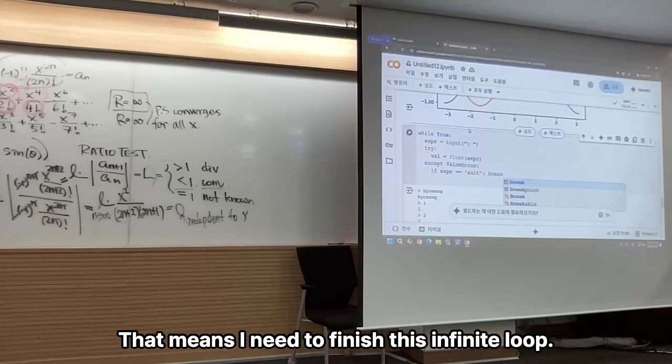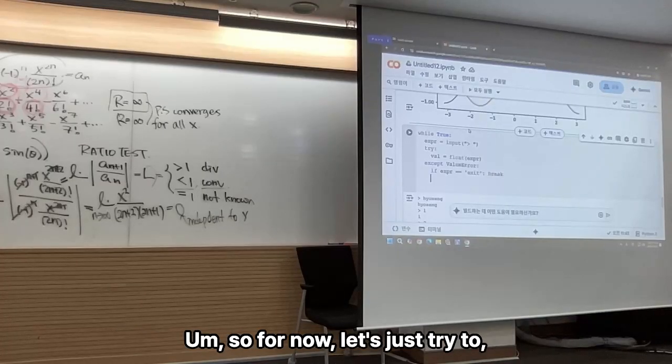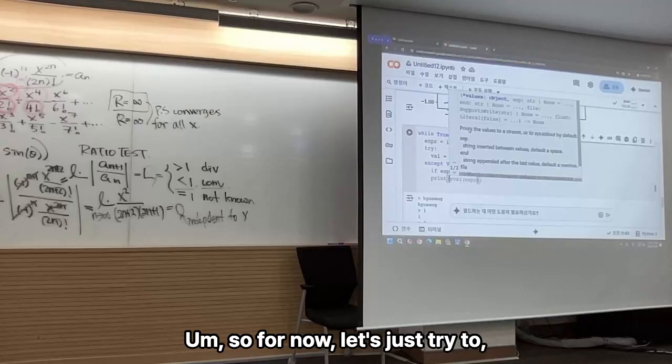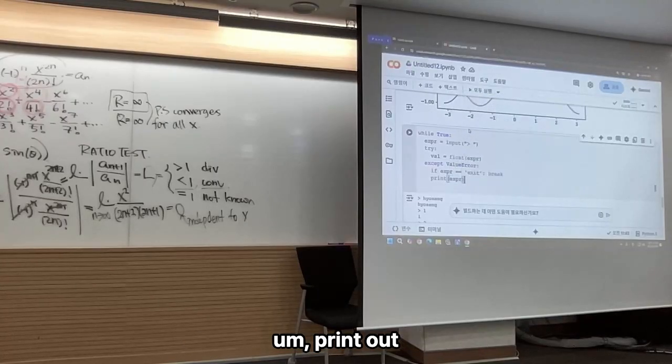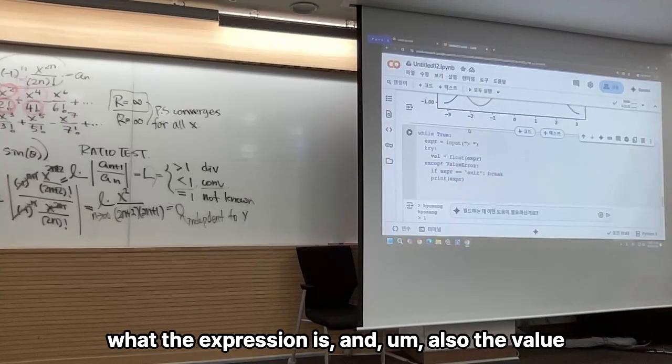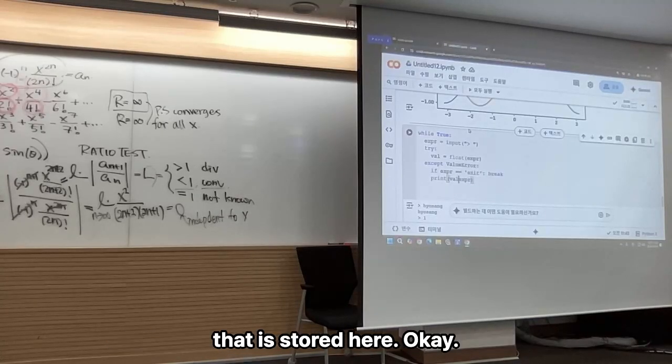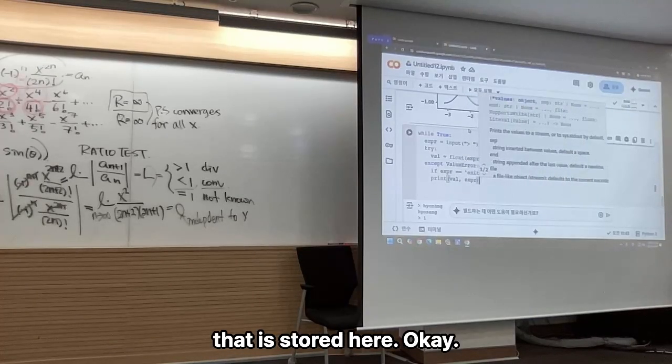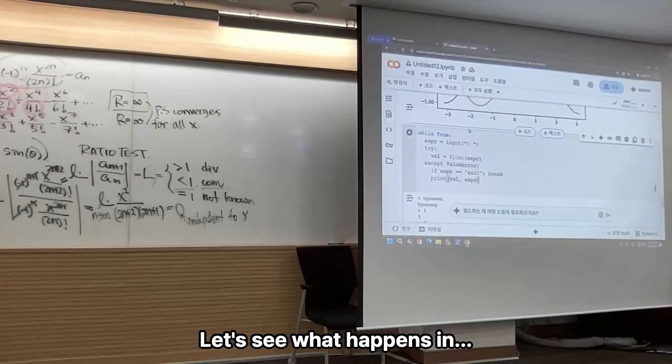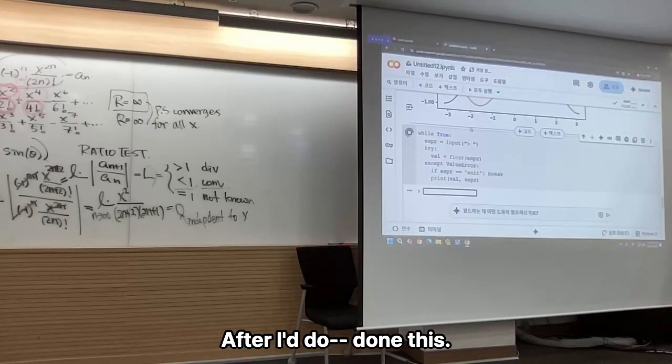That means I need to finish this infinite loop. For now, let's just print out what the expression is, and also the value that is stored here. Okay, so let's see what happens after I've done this.